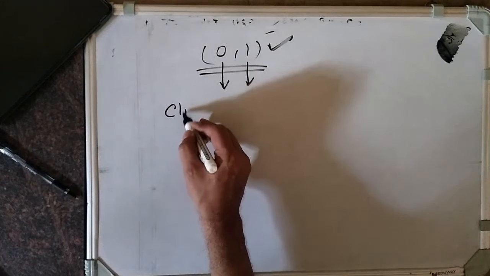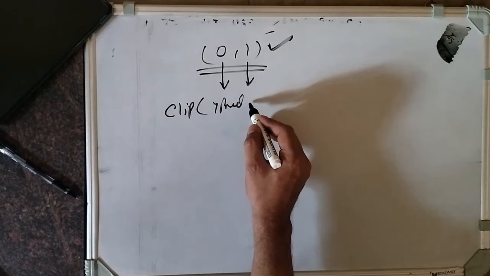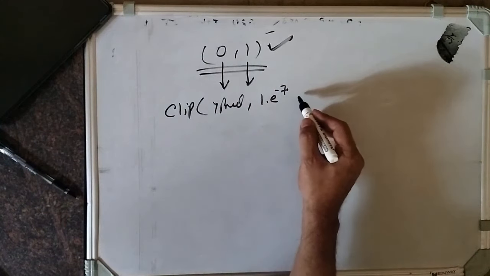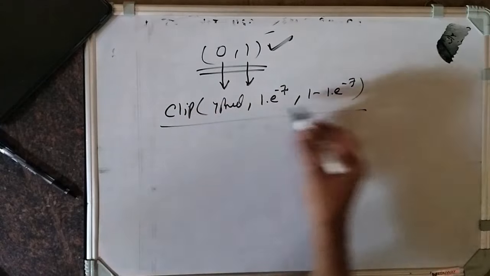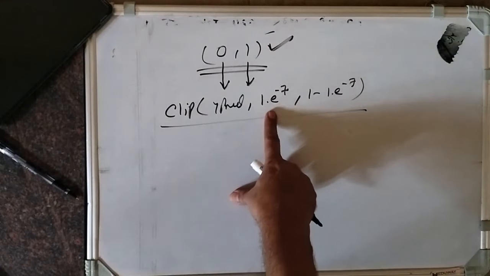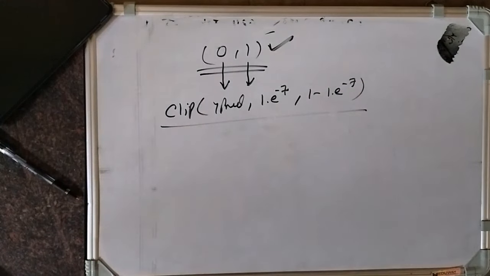I will use the clip method. By the help of this, for the predicted value I am using 1e-7, comma, 1 minus 1e-7. So whatever value is coming, I am preventing 0 and preventing 1. This is one method we are using in my code.